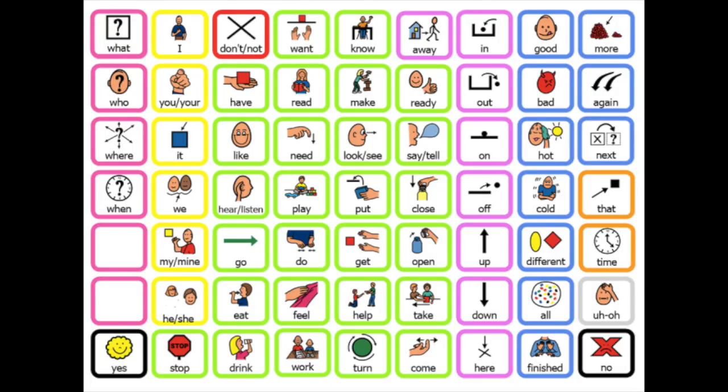If you've ever seen a core vocabulary communication board or any AAC system, you have seen these fun, often colorful pictures called symbols with words underneath them, arranged in a grid like this. This is an example of a core vocabulary communication board. For our AAC users, learning how to use these symbols to communicate is similar to us learning a new language.